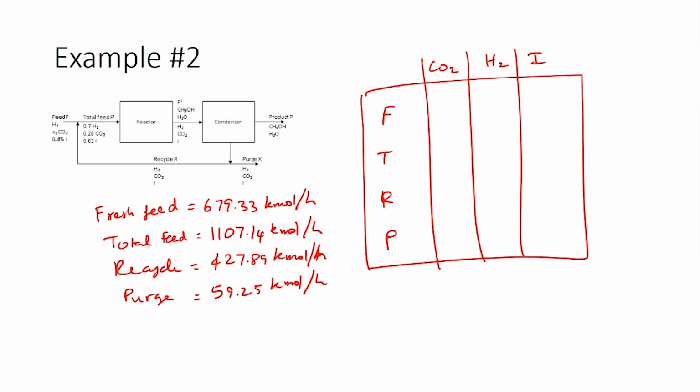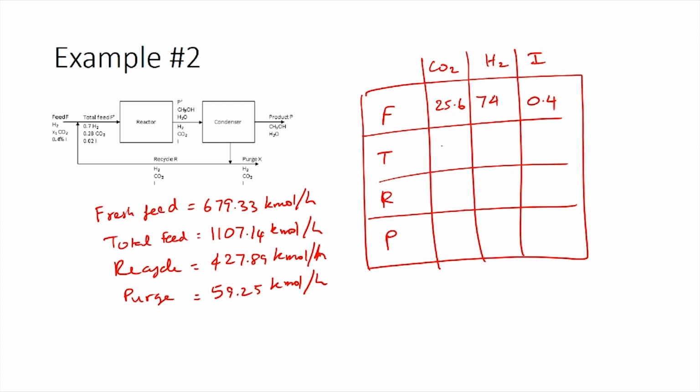The fresh feed would contain 25.6% carbon dioxide, 74% hydrogen and 0.4% inerts, and the total feed has 28% carbon dioxide, 70% hydrogen and 2% inerts.